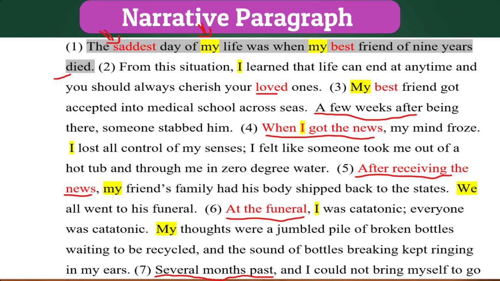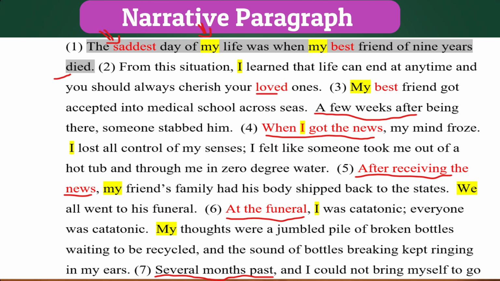And here we use the superlative form of the adjective sad, the saddest day. So here he wants to tell us about the degree of sadness, about his emotions and his feelings, and at the same time he wants to attract us and also to raise a feeling. From this situation, I learned.